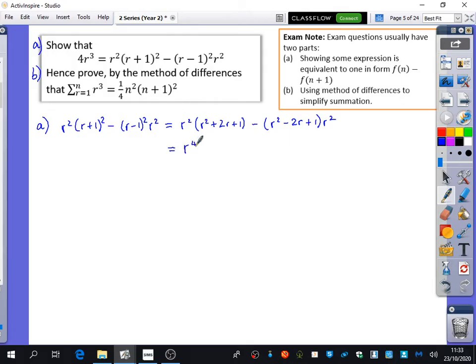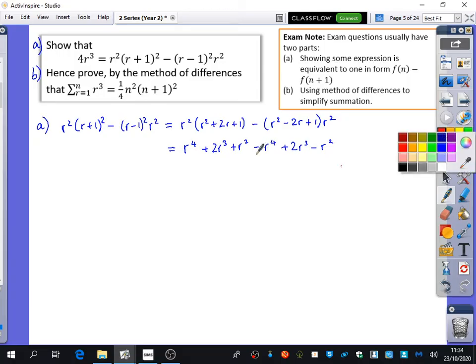So I've got r to the 4 plus 2r cubed plus r squared minus r to the 4 plus 2r cubed minus r squared. Cancels and cancels. And I have r cubed.